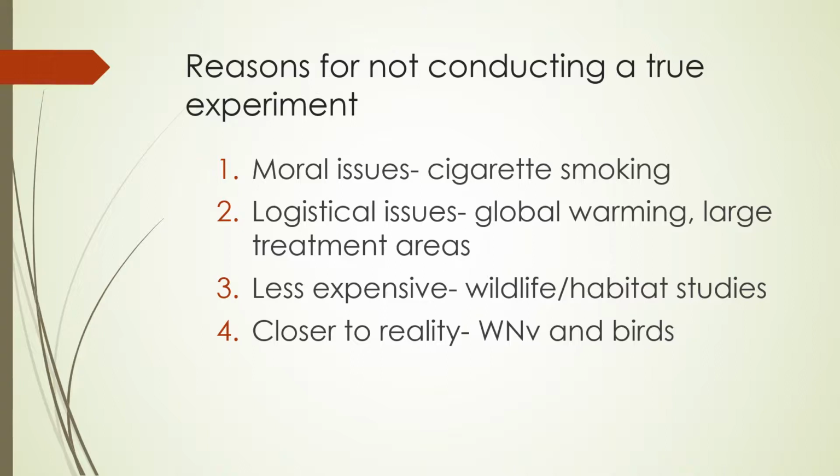There had been some laboratory studies of the effects of West Nile on Swainson's thrushes, and they had found no effect on survival rate. But of course, they're maintained in fairly constant temperatures. They're given food and water ad lib, and therefore they may be able to survive infection from West Nile because they have very favorable conditions. You put that same bird out in wild conditions and you might find a very different outcome.